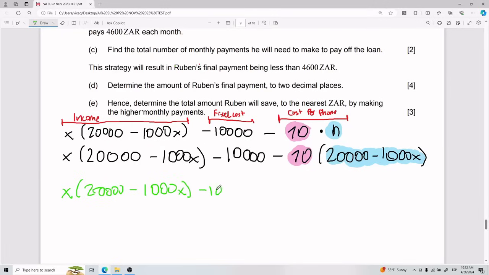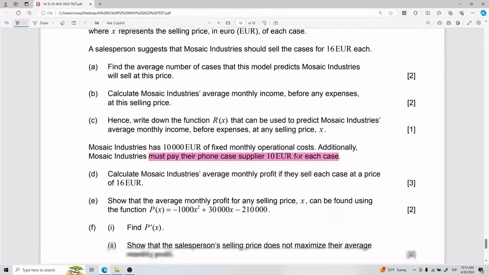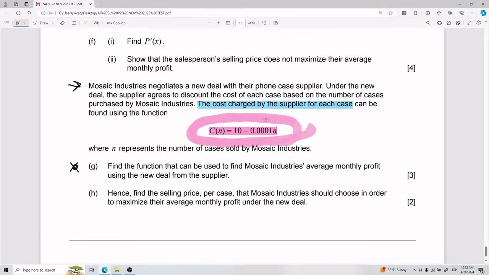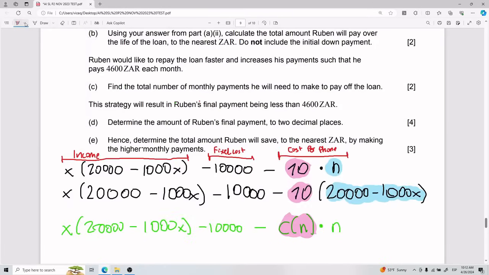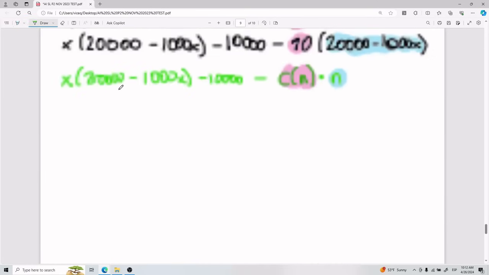Your fixed cost is still the same. But over here, you have the cost per phone and the amount of phones. And so you plug in all of this in pink from part G. And this in blue, the n, is still the n from here. All right. So you've plugged all of that in.